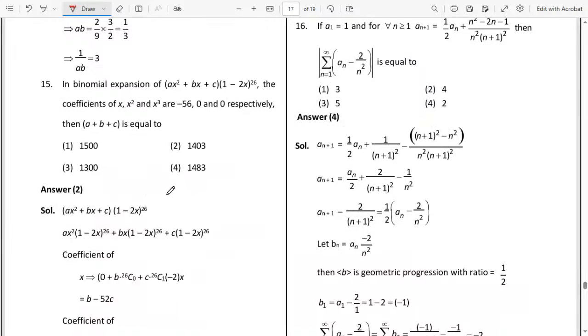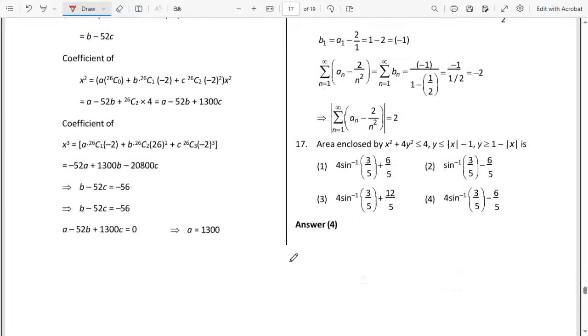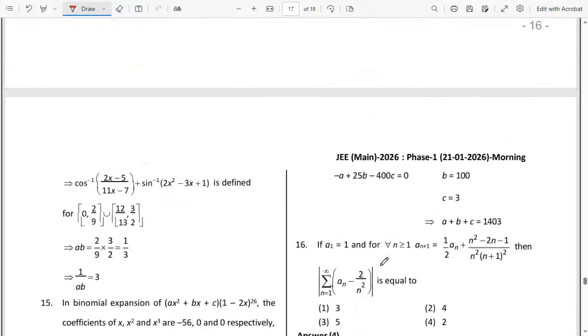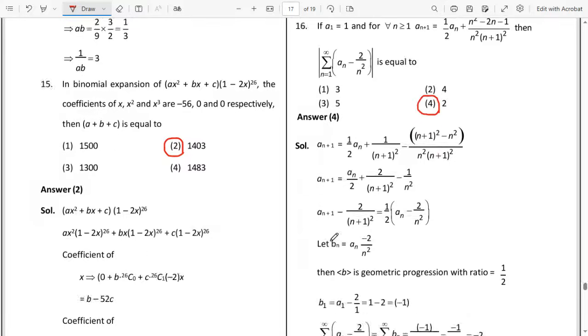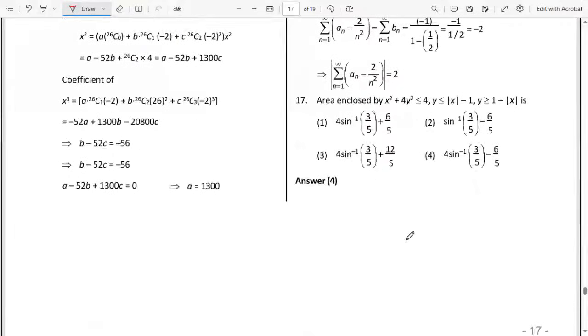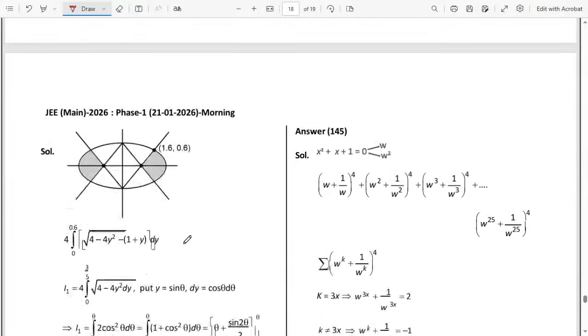Question number 15, option 2 is correct option students. Question number 16, option 4 is correct option students. Question number 17, option 4 is correct option students.